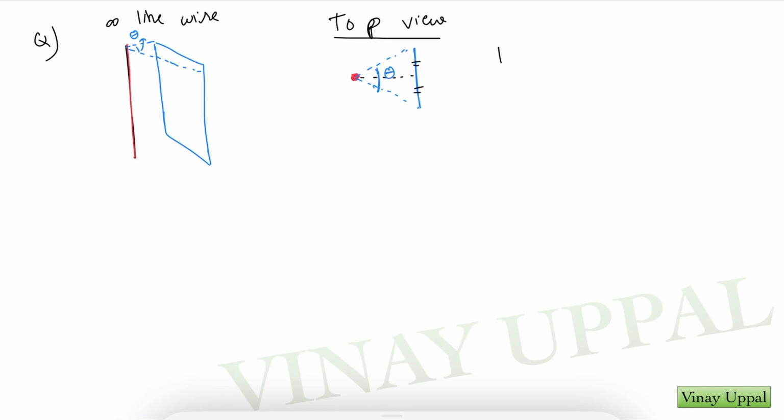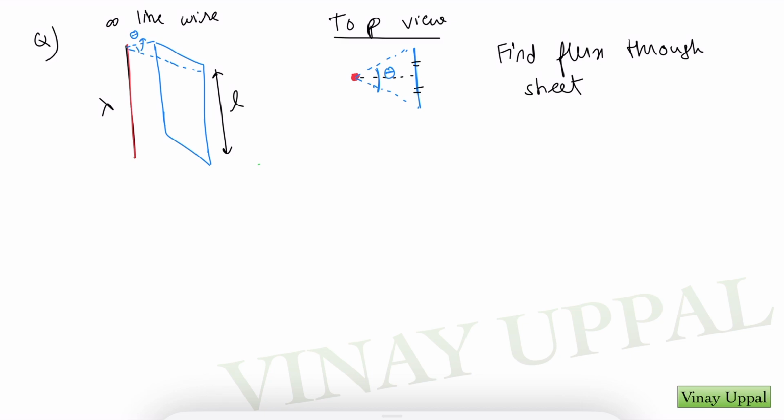So the question is asking us to find the flux through the rectangular sheet. So lambda is the charge per unit length for the line wire, and let's say the height of the sheet is L.